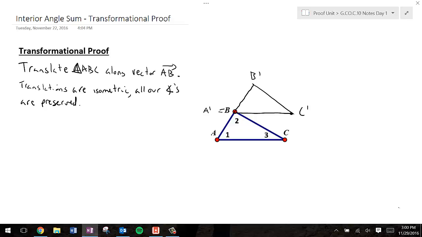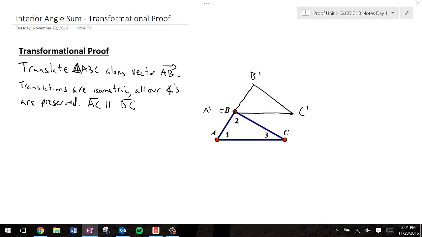Beyond the angles being preserved, we also know that I've got parallel lines here. So in particular, I know that AC is parallel to A prime C prime. Or if you want to call it point B, we can call it BC prime as well.